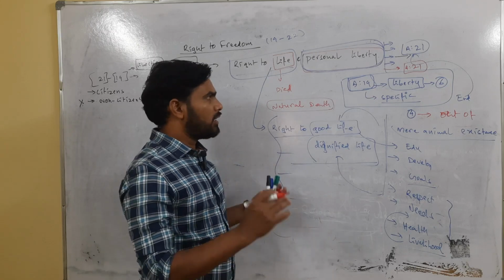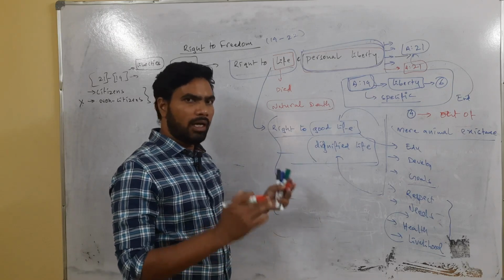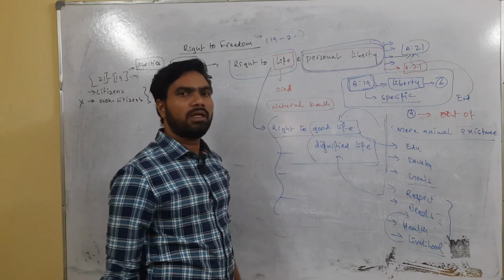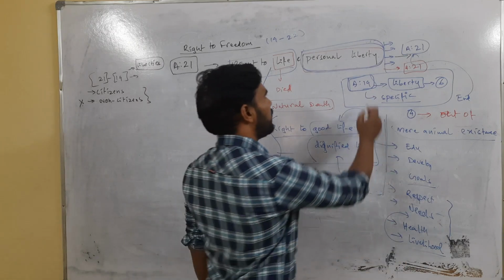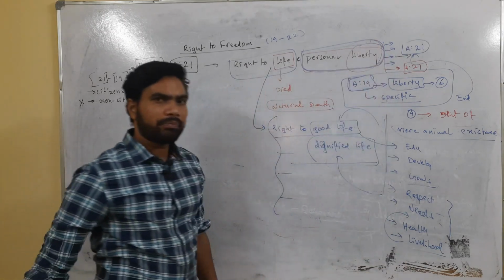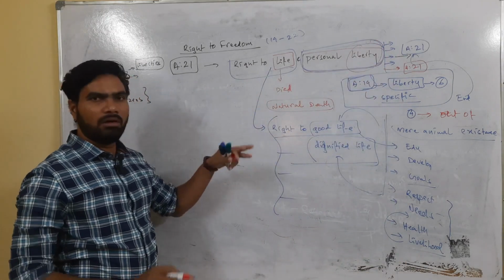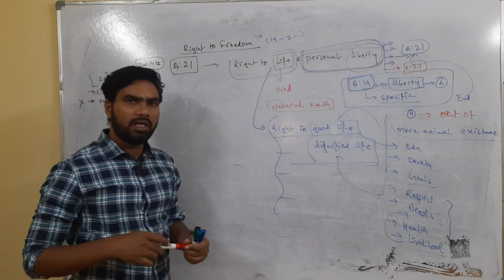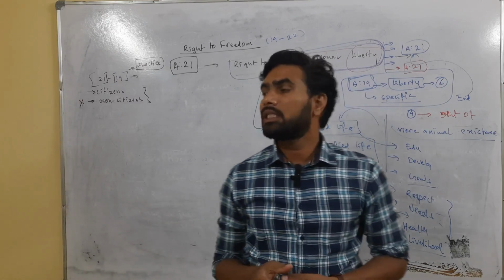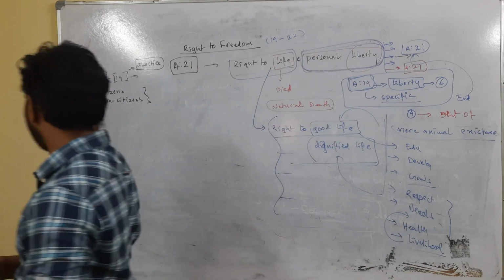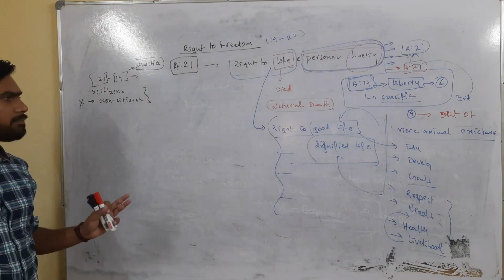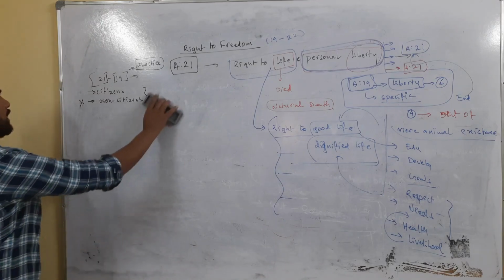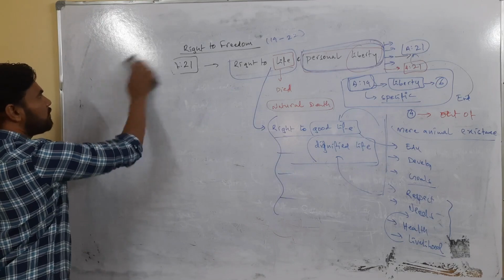Where Article 19 stops or ends, from there Article 21 will take up with respect to personal liberty. This is the broad understanding of Article 21, what Article 21 is exactly saying. You understood it, right? This is the meaning of Article 21.